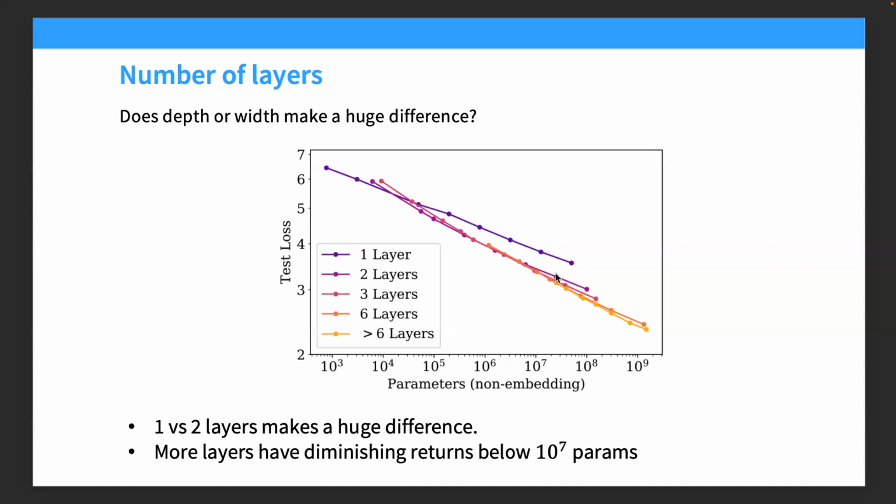So for more layers, we'll see that when the model size is small, below 10 to the power of 7, the performance is pretty close. But as you further increase the model parameters to 10 to the 9th or even more, such as the LLMs that we have right now, the performance gain will be comparatively larger.